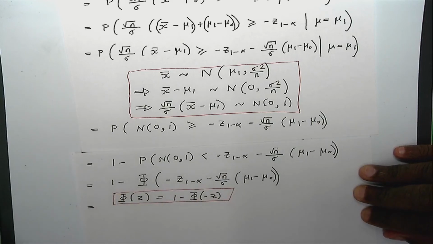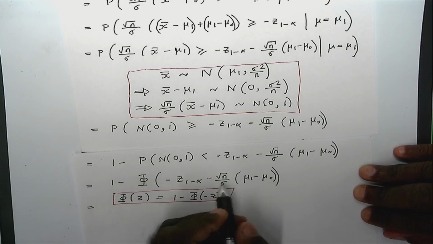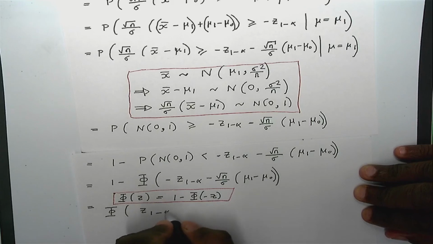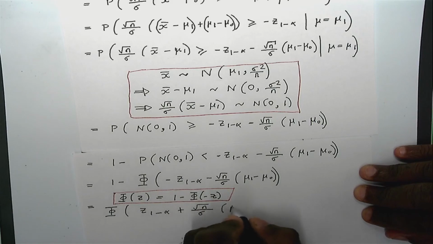So using this property, 1 minus this can be written as phi, okay.